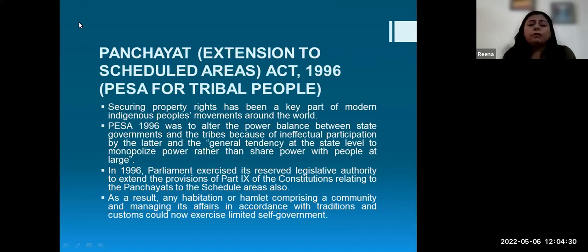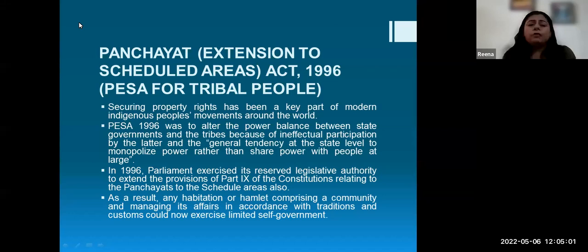So basically, it gives the specific provisions of Part 9 of the Constitution to the panchayats in scheduled areas. So in Punjab and in Delhi, there are no such scheduled areas covered under this act. And there are areas in Rajasthan, in the Northeast, and in other states of our country.